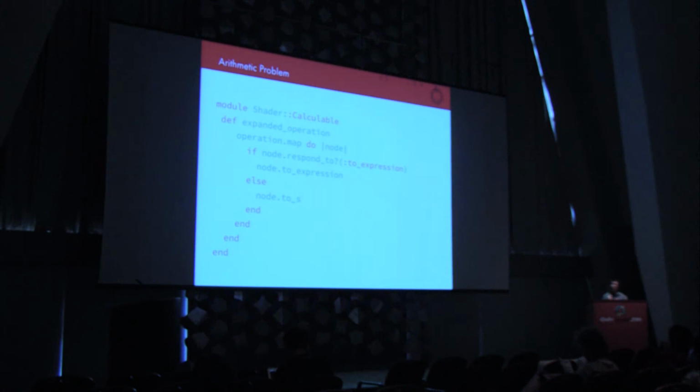But when we try to call the join method, Ruby uses toString by default, so every calculable object will be incorrect. So we have to expand the operation before the join method calls it. So I fetch all operations, convert them to strings, and finally join them.